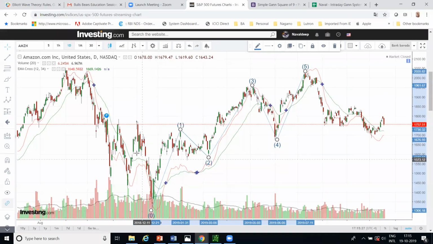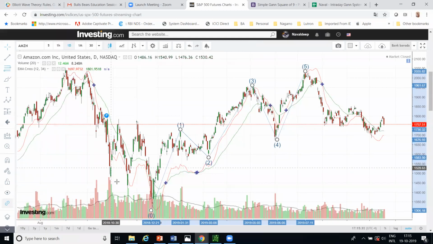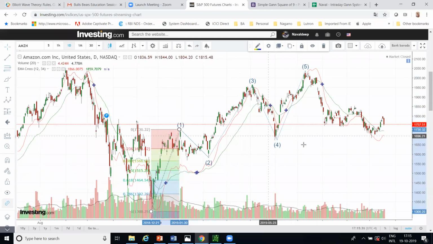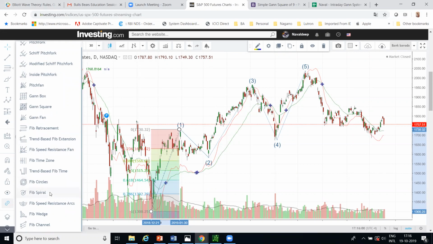So if I draw an extension and a retracement from 0 to 1, you see the retracement was 38.2. It came almost near. It's less than the 50%, which is true. Now the third one is extension, 161%. So this is retracement. This is extension.